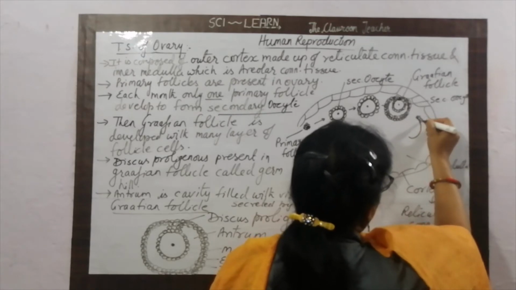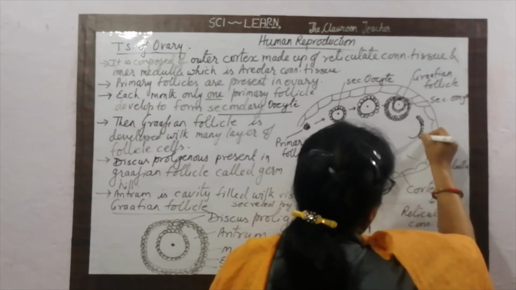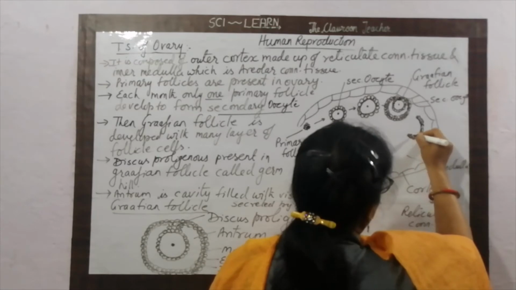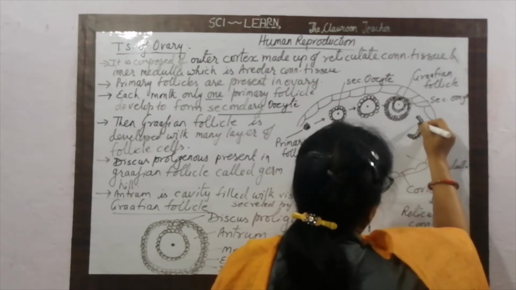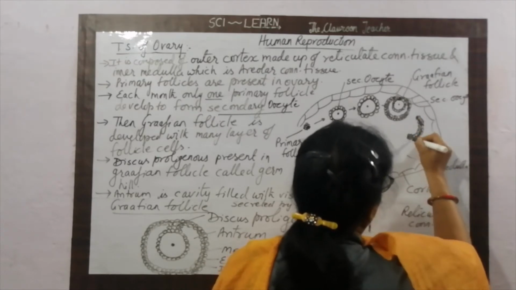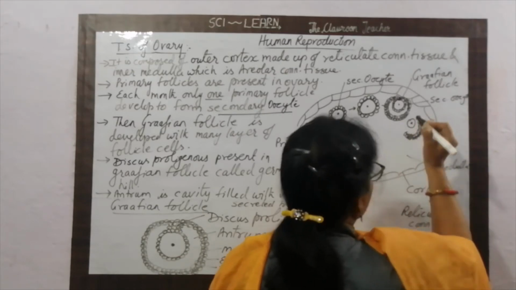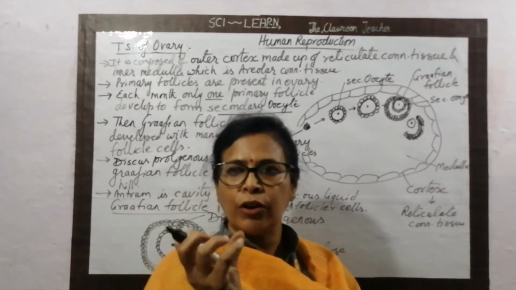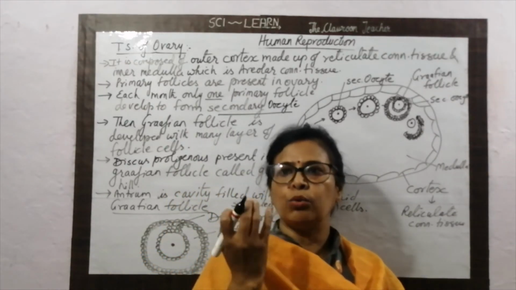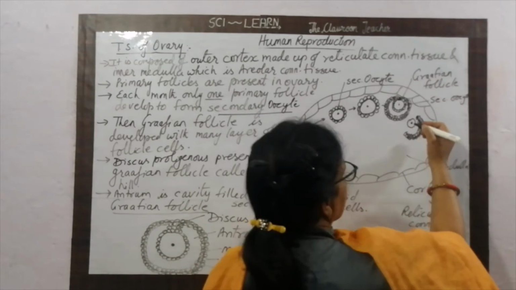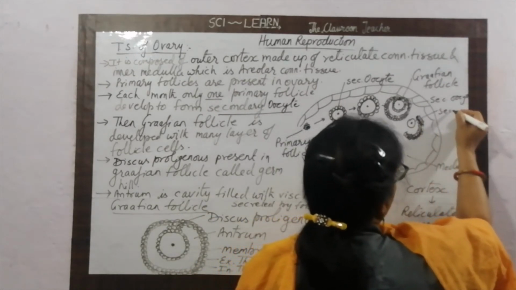This is the ruptured part of the Graafian follicle. And this is the secondary oocyte. The Graafian follicle ruptures and the secondary oocyte is released. Okay, this is the secondary oocyte.